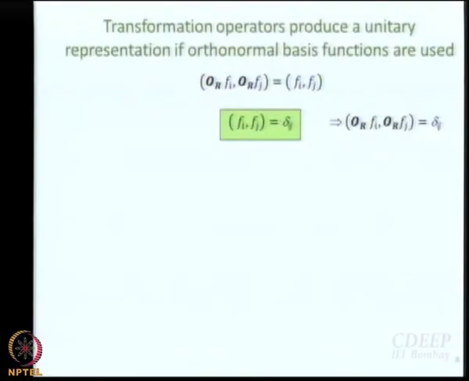So, I am allowed to write this, that the scalar product of the functions is what? Kronecker delta, right? Which implies that the scalar product of the transformed functions is also Kronecker delta, right?